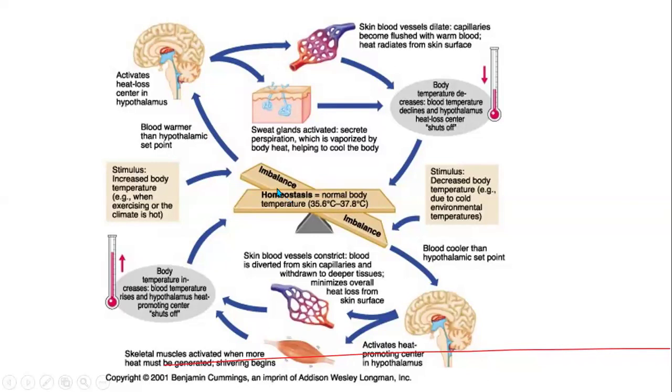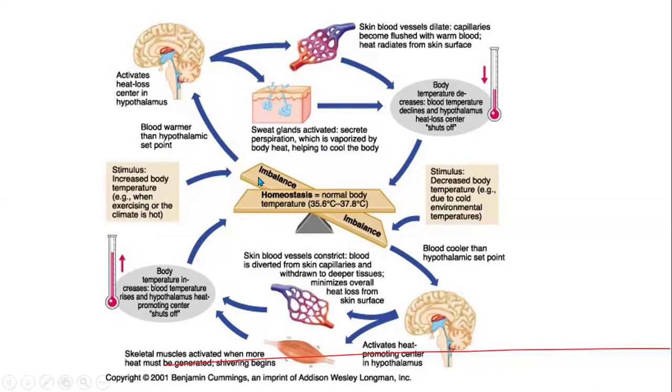Now, assuming that you have an imbalance whereby you have been exercising or you are living in the tropics like Uganda, where the external temperature is very hot, above that of your body. So your body is tending to get heated up because it's absorbing heat from the environment, which is above that of the body.